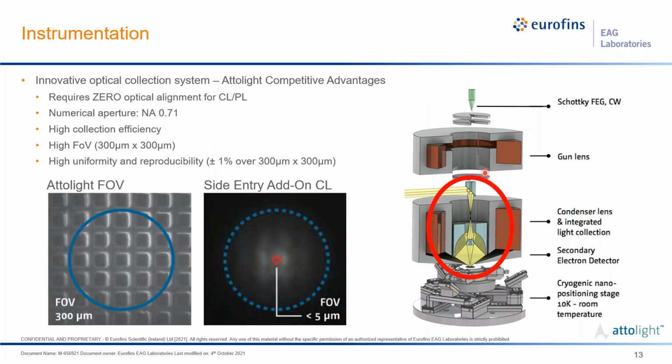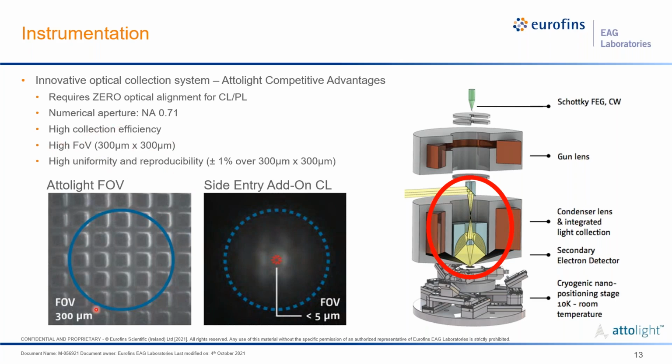The integrated optics portion is really important because it gives us really high collection efficiency, so we have the best chance of collecting all the light being emitted by the sample. Not only are we able to collect all that light, but we can collect it over very large areas in a very uniform way.